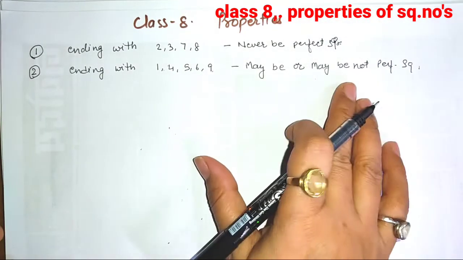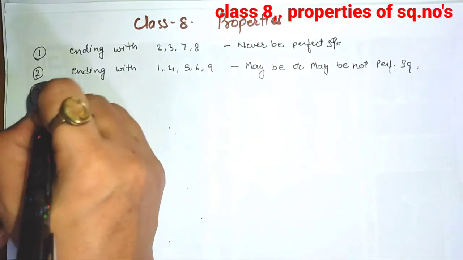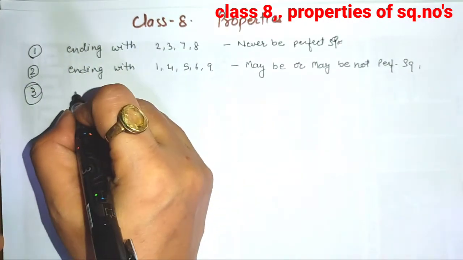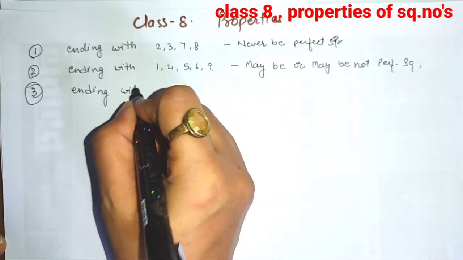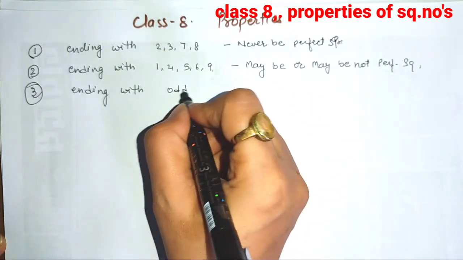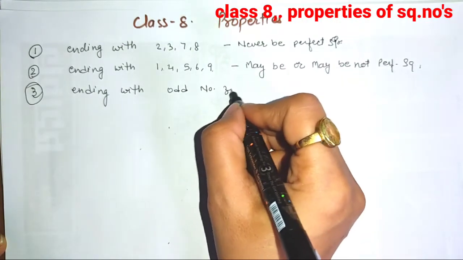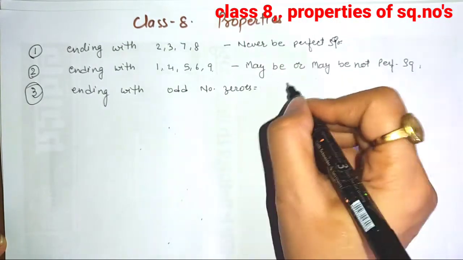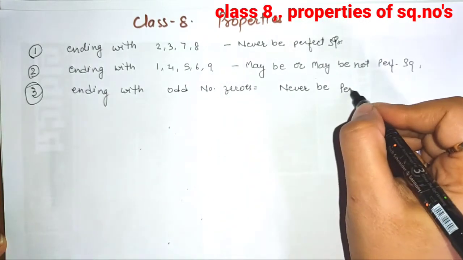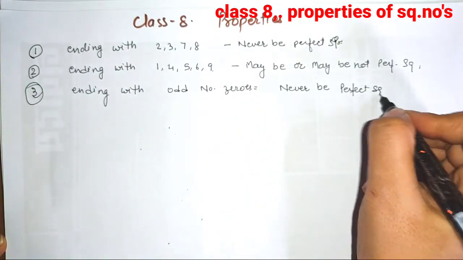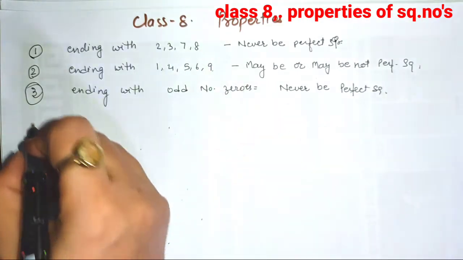Now the third one is: a number ending with an odd number of zeros can never be a perfect square. It is never a perfect square if there is an odd number of zeros.